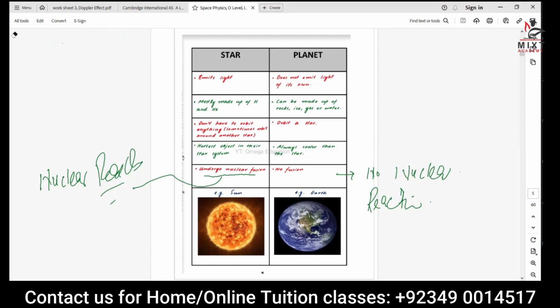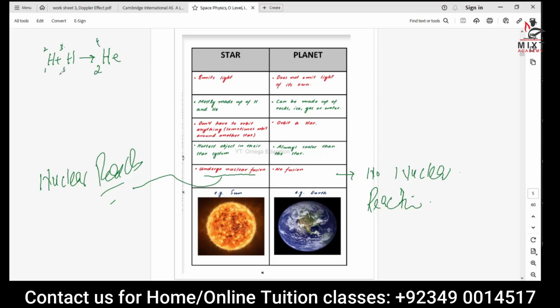The actual equation is 1H2 plus 1H3. 1H2 and 1H3 are two isotopes of hydrogen. When they combine, they fuse together and form the helium nucleus, 2He4.